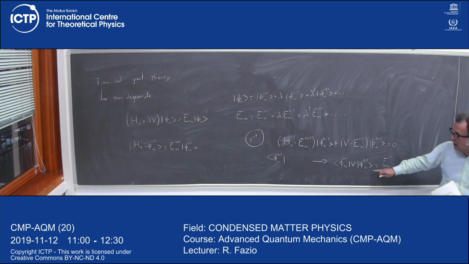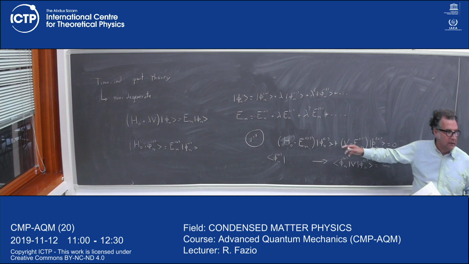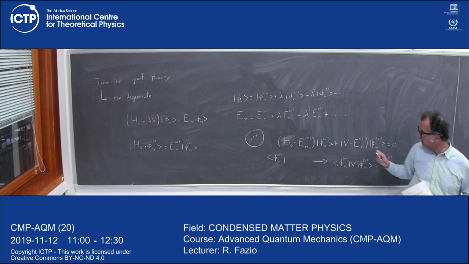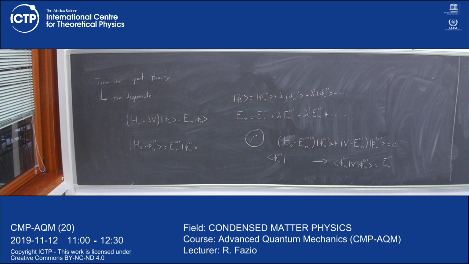Now you see that you determined E1. So once you know E1, the remaining quantity which is unknown here is just phi1 of n. Okay?